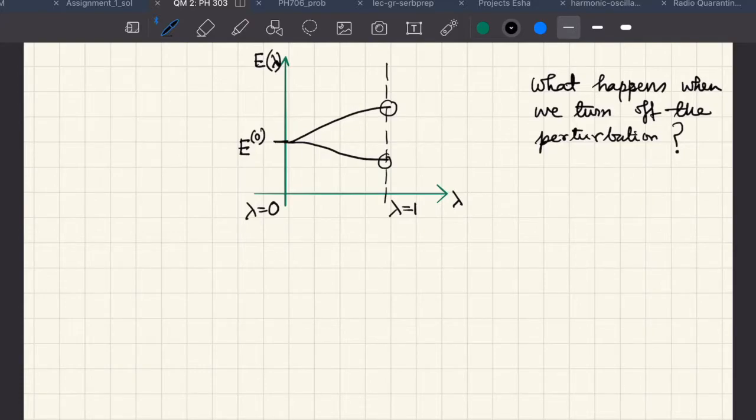So we really do not know what the good linear combinations are, and for this reason we cannot even calculate the first order correction to energy, because calculation of the first order correction to energy requires knowledge of the unperturbed state, and we do not know what unperturbed state to start with.